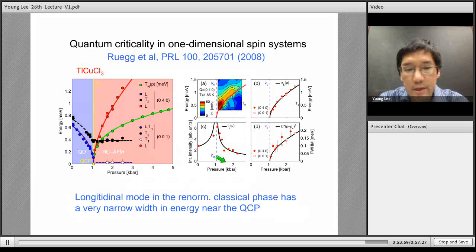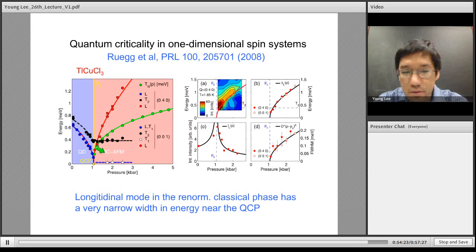And they can now summarize a lot of their observations on a phase diagram. On this diagram to the left, they're showing as a function of pressure how the energies of the different modes change. On this quantum disordered side, you see that the modes diminish all the way to 0 at the quantum critical point.